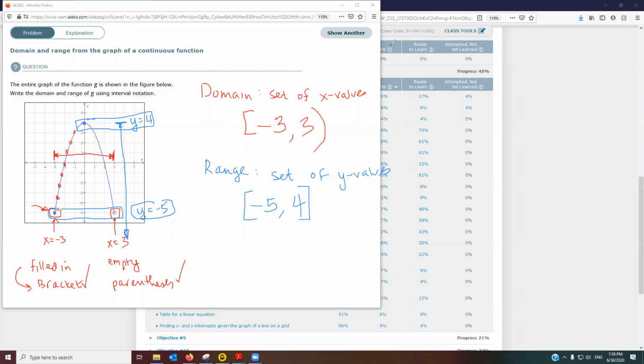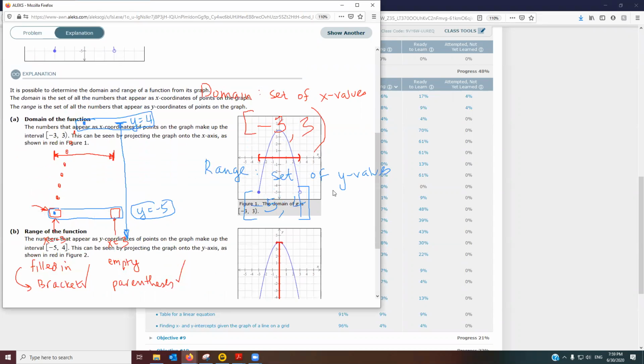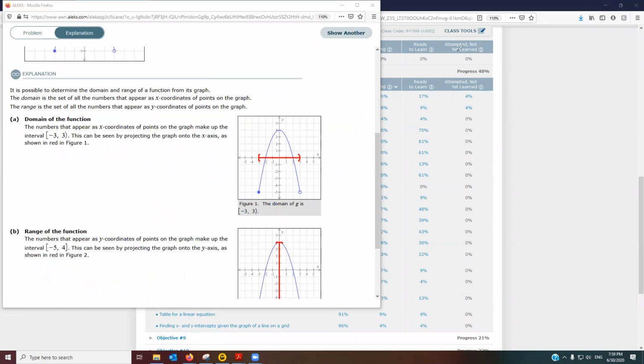Okay, let me go to the explanation just so you can see this a little easier to visualize. So let me get rid of my scribbling here. All right, so you can see what they did is for the domain, they put this red line.